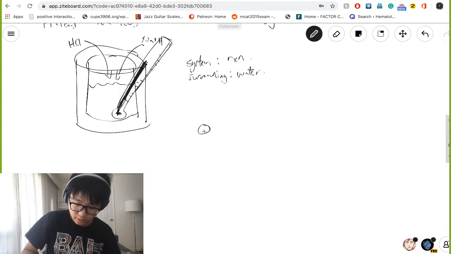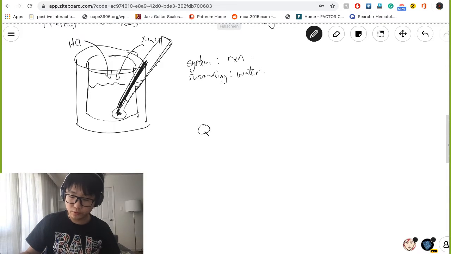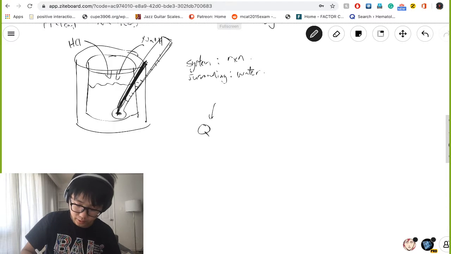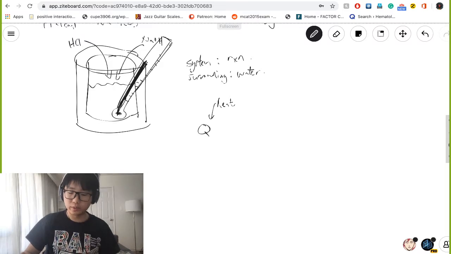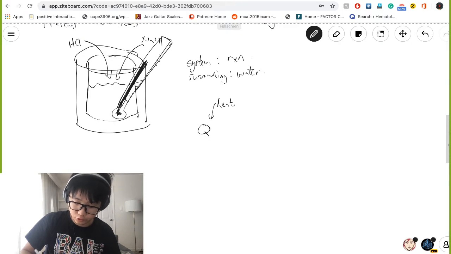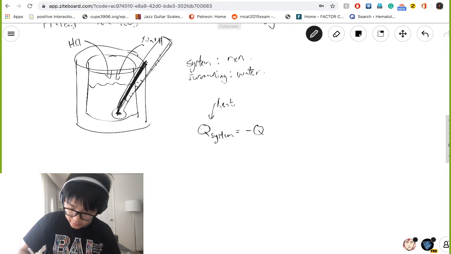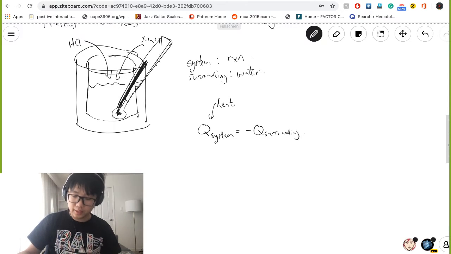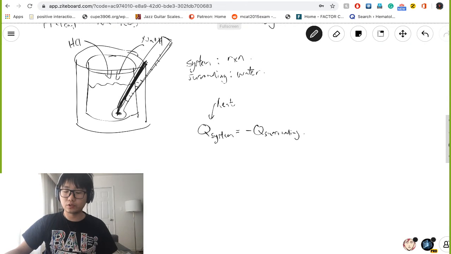Heat transfer, Q is heat, by the way, and remember heat always has to do with a transfer, so I'll write: heat of the system equals negative heat of the surrounding. That's all it is.